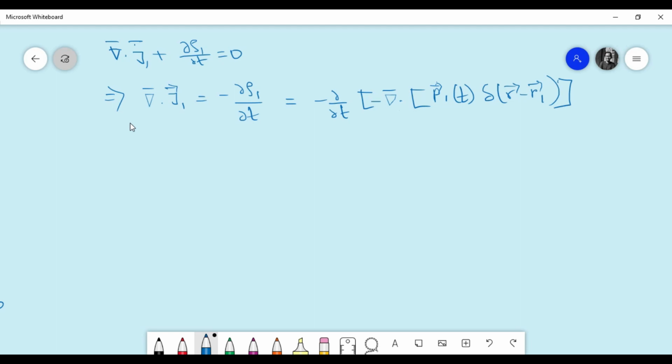So we're going to get the time derivative over this P1 here. Now, as you can see, there's a divergence on both sides, so we can just equate the terms inside it. So we get J1 equals the time derivative of P1.